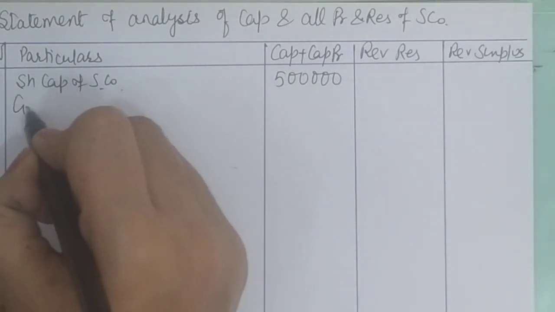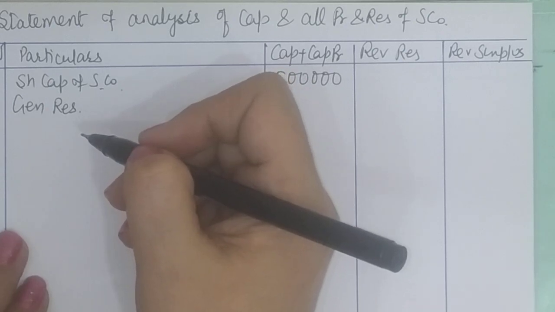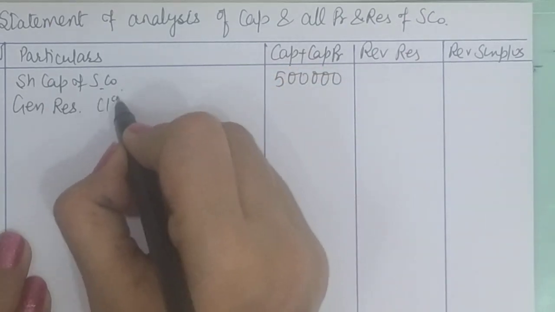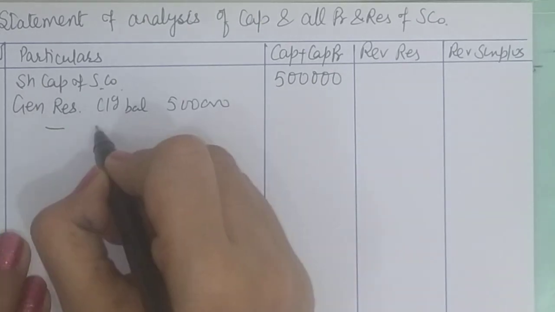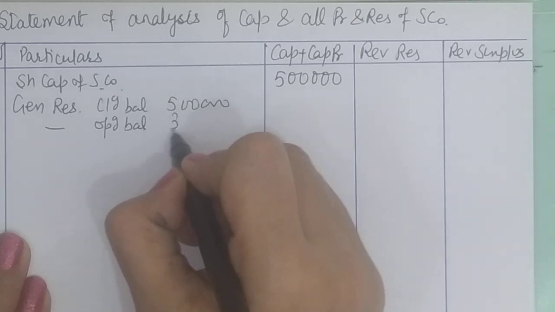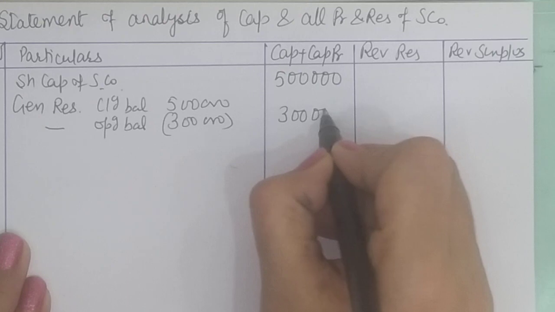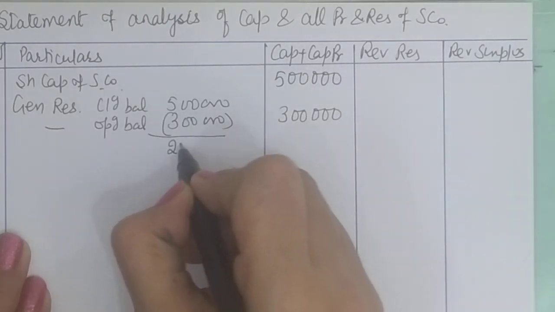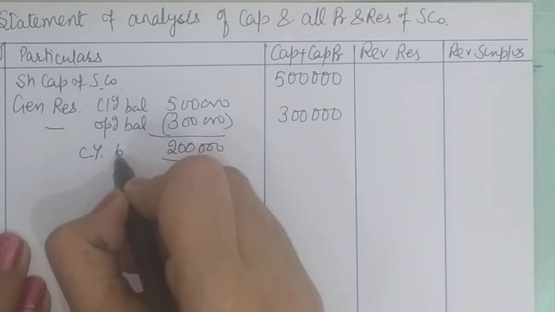Second is general reserve. We are given in the notes that general reserve of subsidiary company is 5 lakh. The closing balance 5 lakh. Out of this 5 lakh, we have an opening balance as given to be 3 lakh. So 3 lakh directly belongs to capital part. We are left with current year amount 2 lakh rupees.